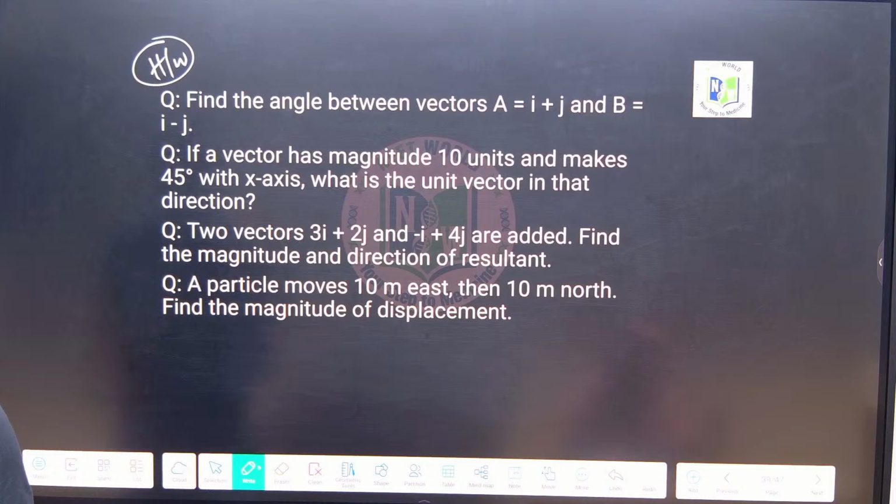I will keep that as a vector. Unit vector means A cap equals A by modulus A.